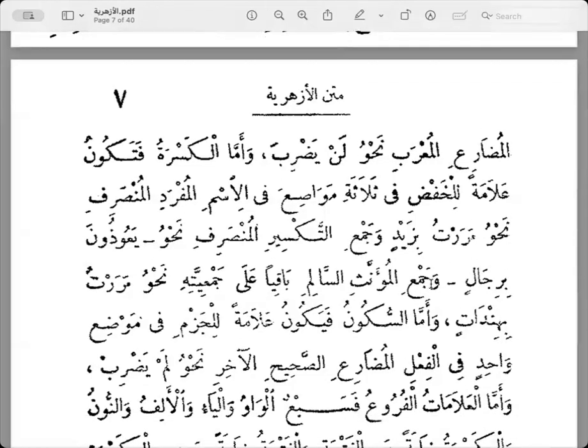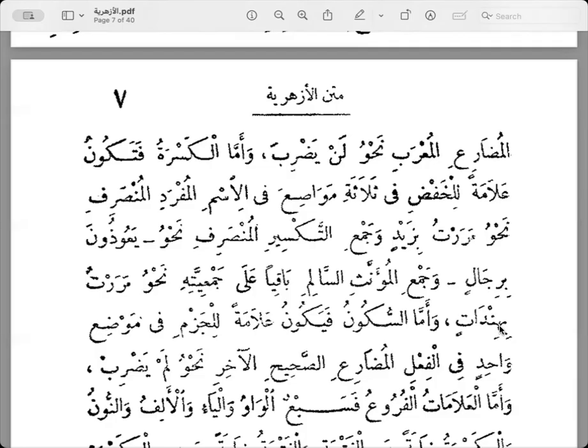وبجمع المؤنث السالم باقيا على جمعيته نحو مررت بهندات. I walked past a bunch of women called Hindat, right? A bunch of women who were all called Hind. Or if you made it plural, marartu bil Hindat, same thing, right?